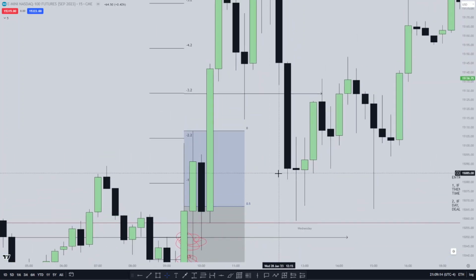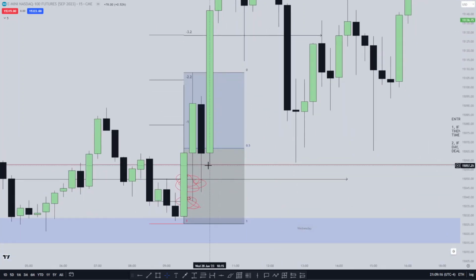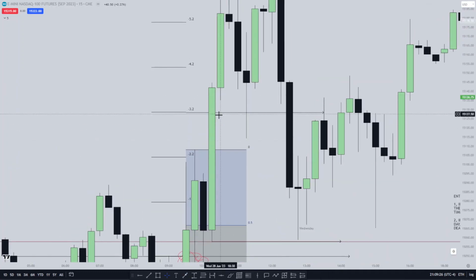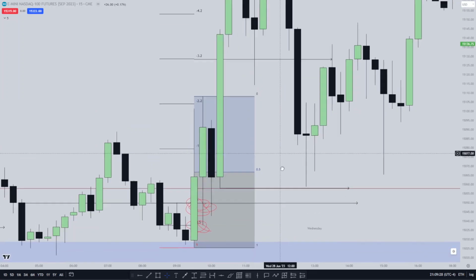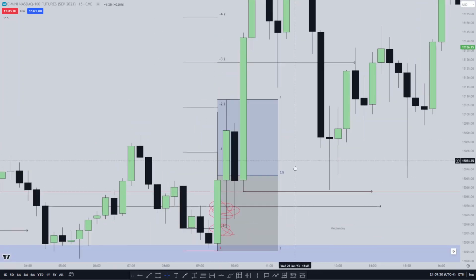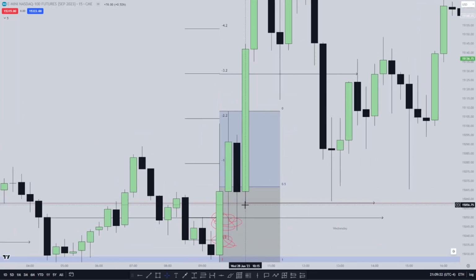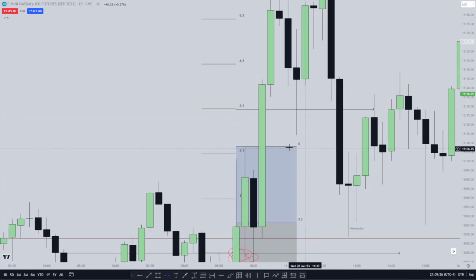Now, where will your stop loss be? Stop loss could be right here, below this fair value gap. This fair value gap is here. It could be below this fair value gap right here. But I like to have partials because of this wide gap right here.